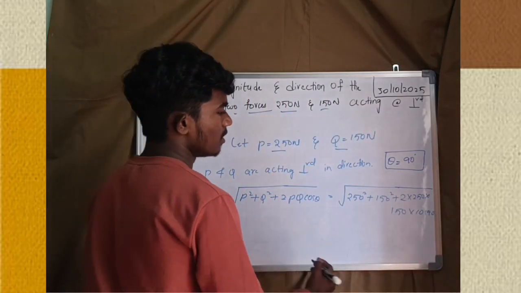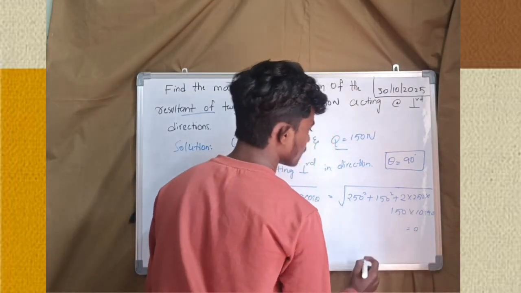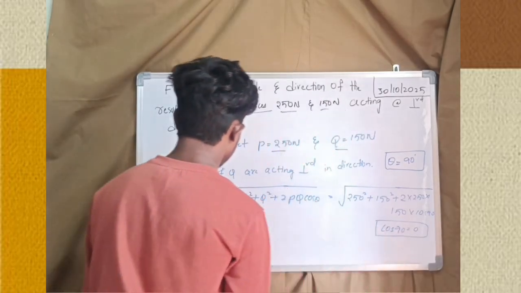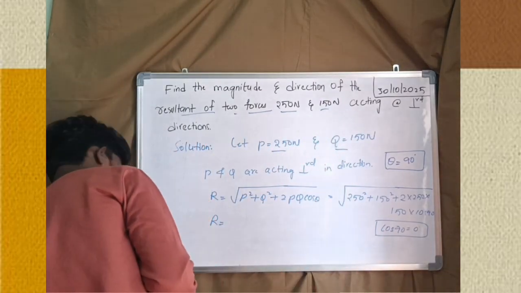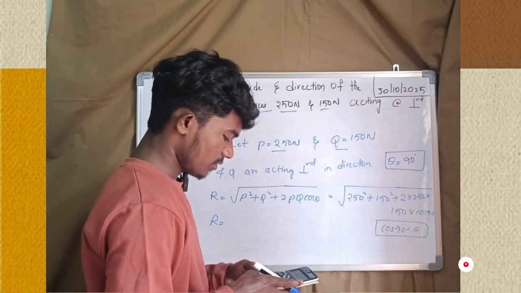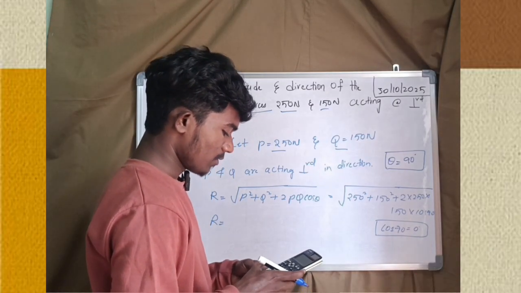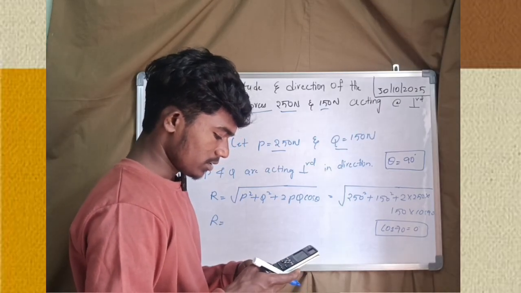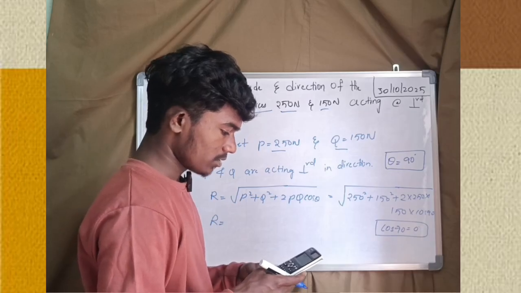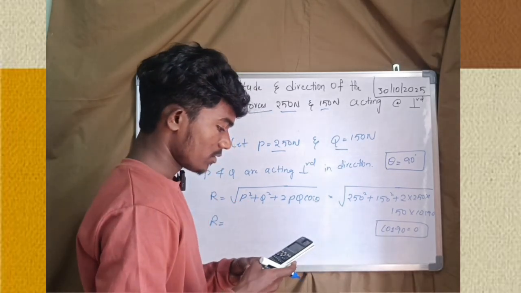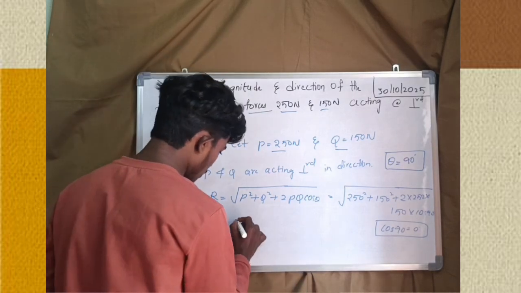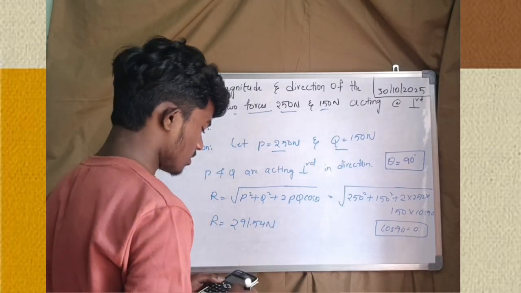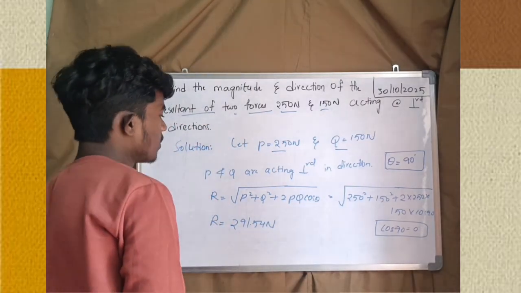Cos 90 value is 0. So we are getting R equal to 291.54 newtons. This is the magnitude of resultant force.